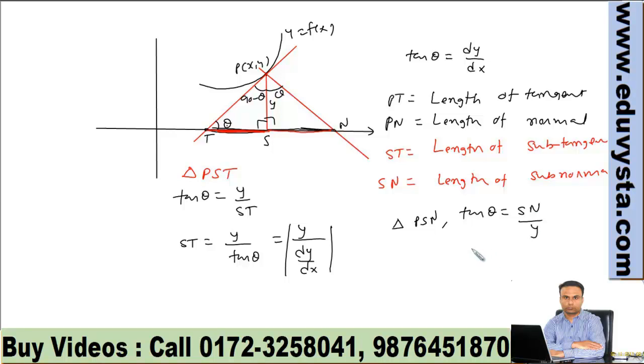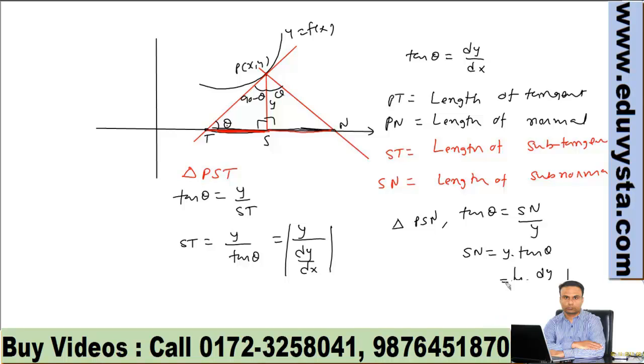Then SN is equal to y times tan theta, and tan theta is dy by dx. And for length we put a modulus here. So in subtangent we divide y by dy by dx. In subnormal we multiply y by dy by dx.